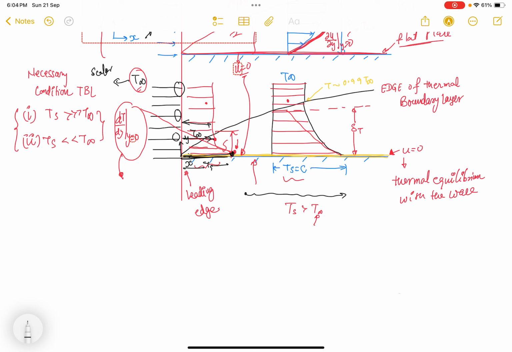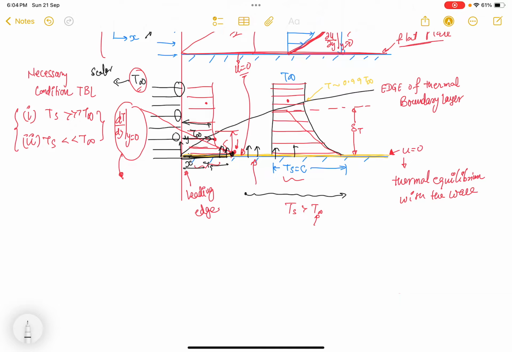Because more and more fluid becomes hotter, and more and more energy comes in as we move, the temperature gradients become lesser and lesser.